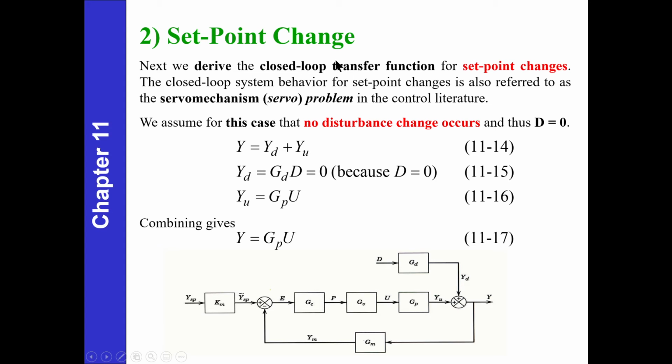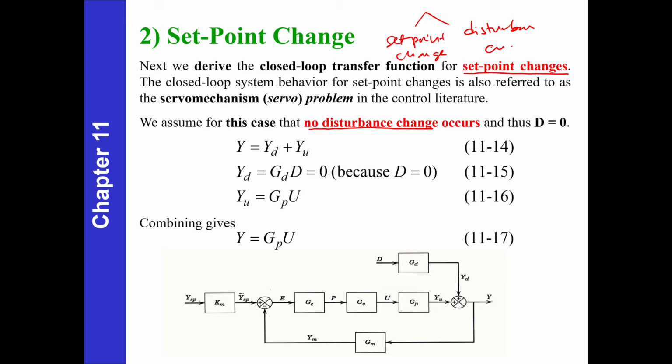Basically for this block diagram reduction, there are two conditions. The first condition is a set point change. When the set point changes, we assume that there is no disturbance change, only set point change. In process control, there are always just two cases: the set point changes, or you have a disturbance change.